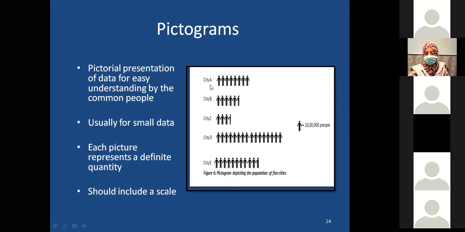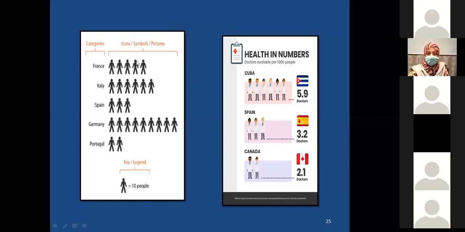Okay? For example, this is a pictogram depicting the population of 5 cities, A to E. City A has this number of people, city B has this number of people, city C has the least number of people, city D has the greatest number of people. The total number of people is around 0.1 million. Then you have categories.